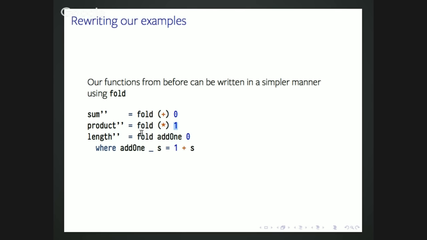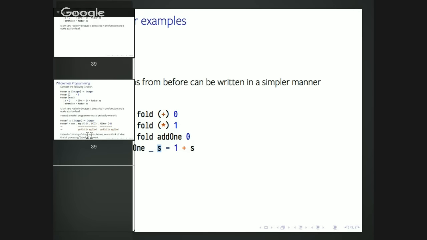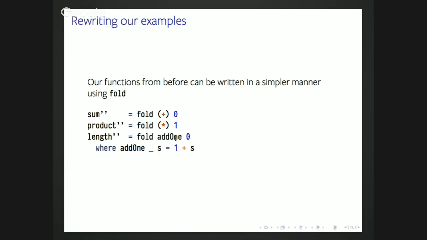And then for length, we're folding this add1 function. Notice for add1 we've used a where clause, where we say add1 ignores whatever our first input is, and our second input we'll call s, and we say just 1 plus s. So here we're folding this function over our list with an initial value of 0, and we're basically just ignoring the values inside the list.